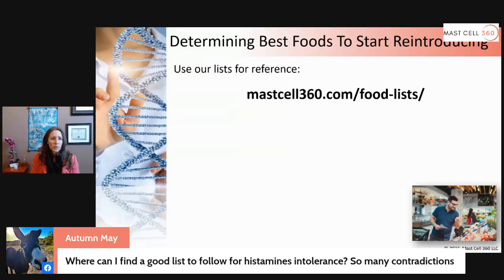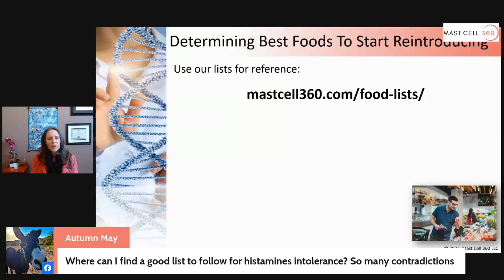And that's so important because if you're trying to reintroduce foods, or even if you're trying to go low histamine in the first place, if you have a list that says walnuts are okay, and every time you eat walnuts you're feeling worse and you're not understanding, is that walnuts? Is that something else? Is that the supplement I just took? Walnuts are higher histamine. They're a histamine liberator.